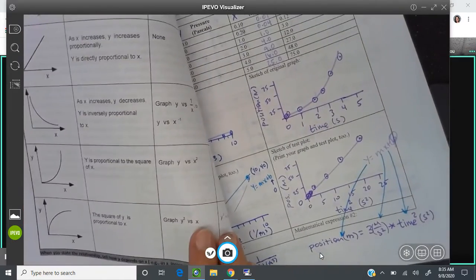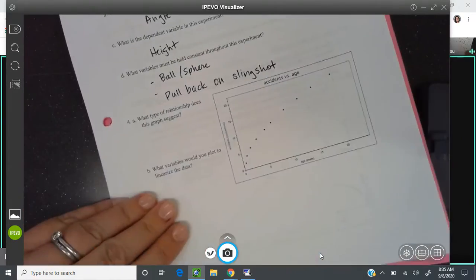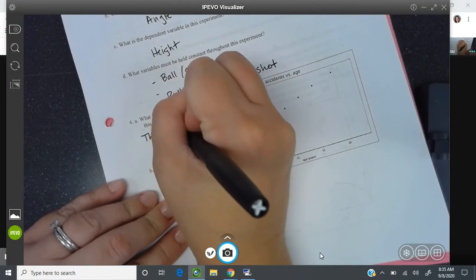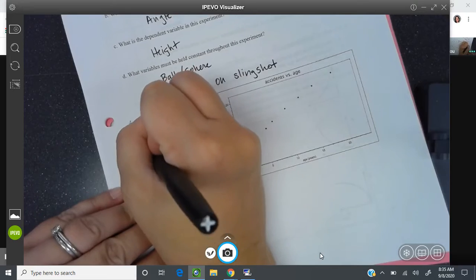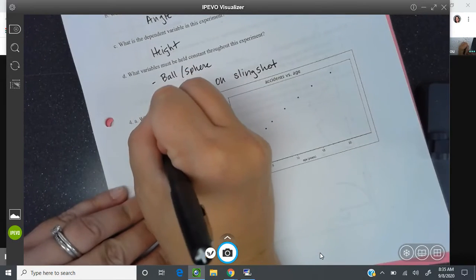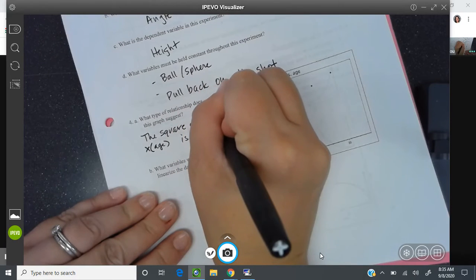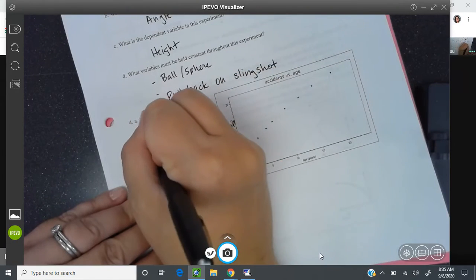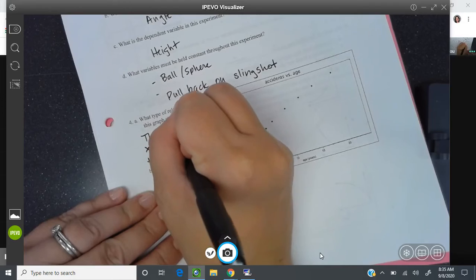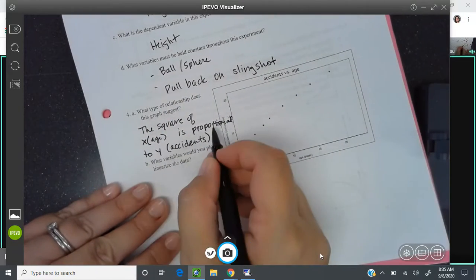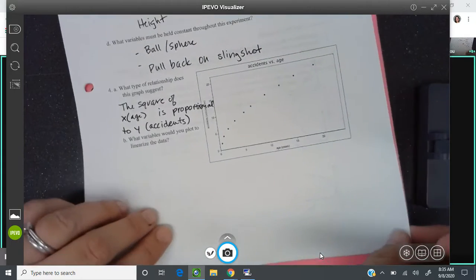So it looks like the square of x is proportional to y. So I wrote the square of x, age, is proportional to y, accidents.